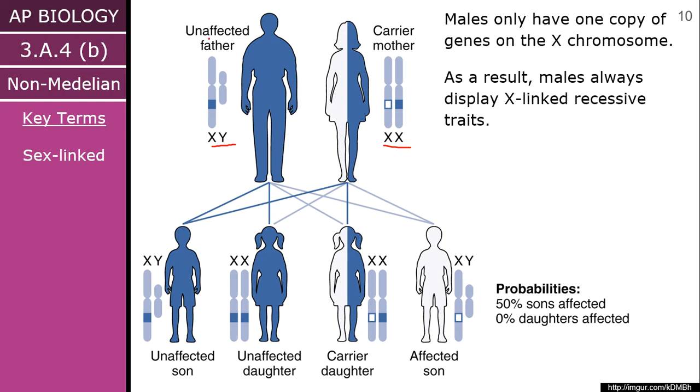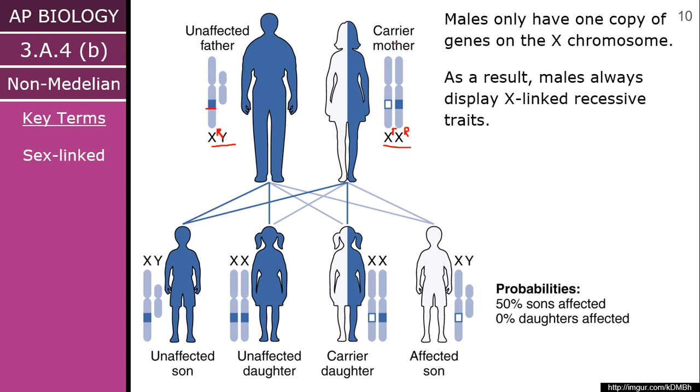Okay? If I have an unaffected father, and that means they don't have it, then I'm going to give them a capital letter. It's dominant, right? So I'm going to just do big R. Let's just be consistent. Okay, so that means that all of these dark boxes like dad had right here are going to be X big R, and all the white boxes are going to be X little r.